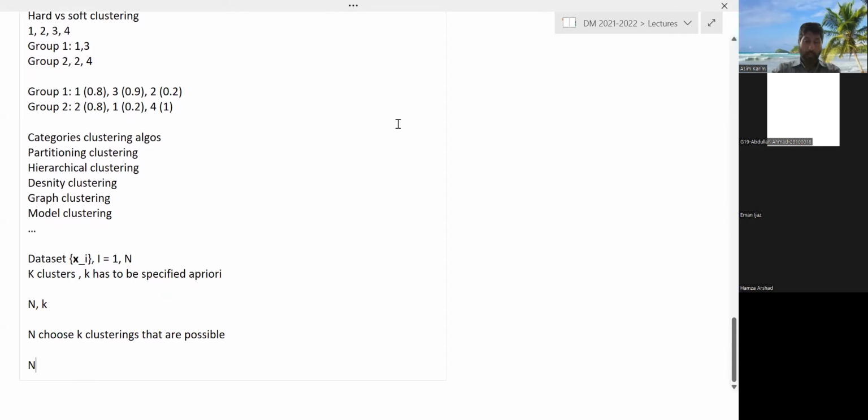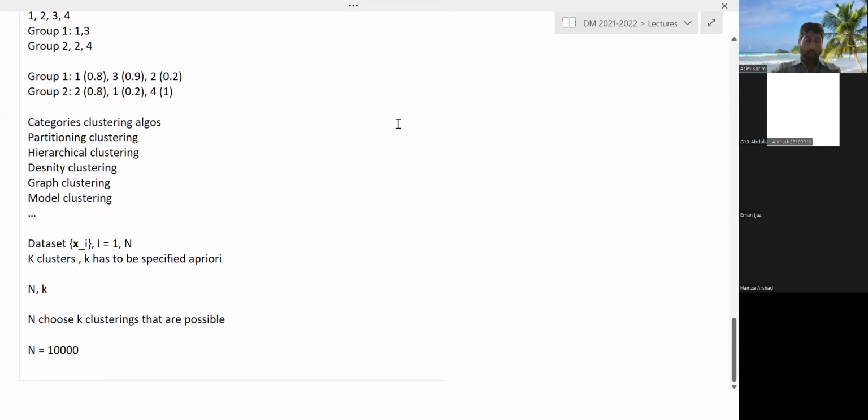Let's say n is 10,000 and k is around 10 clusters. So 10,000 choose 10, 10,000 factorial divided by 9,990 factorial and divided by 10 factorial, would be a massive number. So these are the possible number of clusterings that you can have.